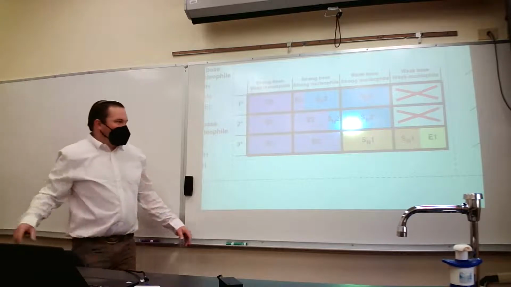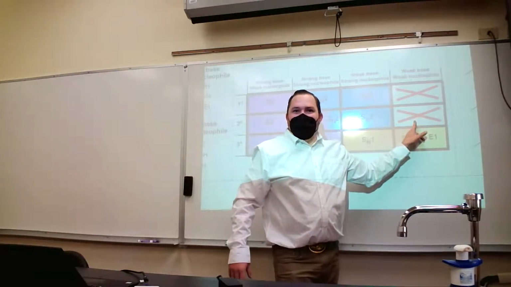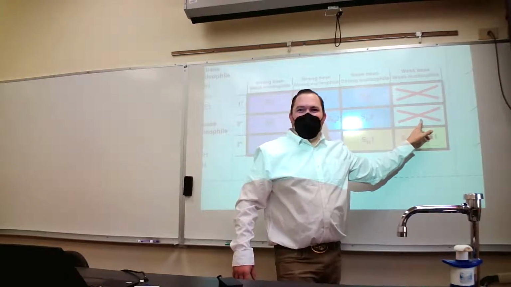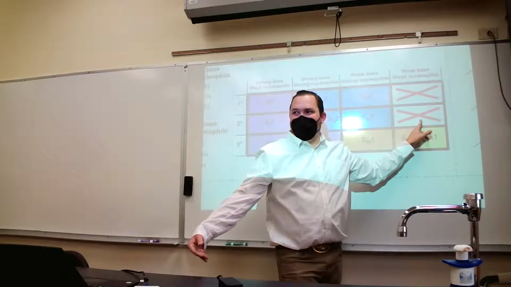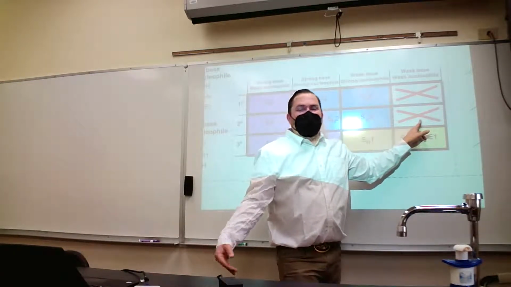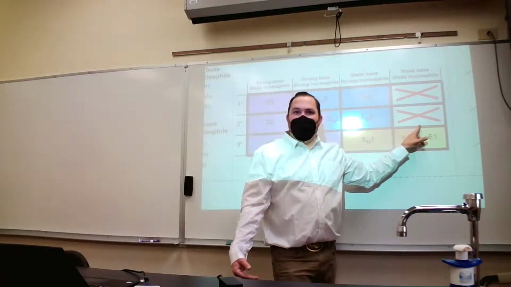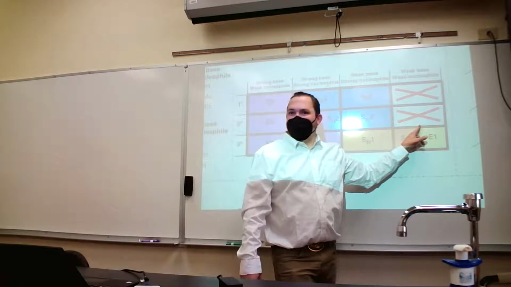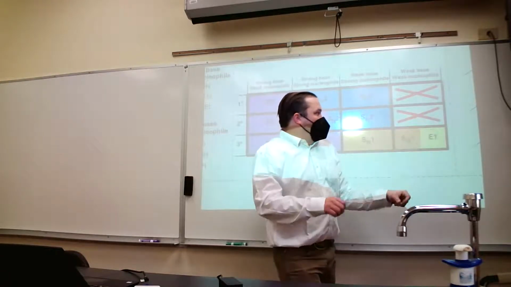And this one's a little wishy-washy too, because this is one where you can actually get it to react if you do it in a polar protic solvent. A polar protic solvent stabilizes the intermediate enough that you can actually get a secondary carbocation in a measurable amount. So that one may be more of a question mark.